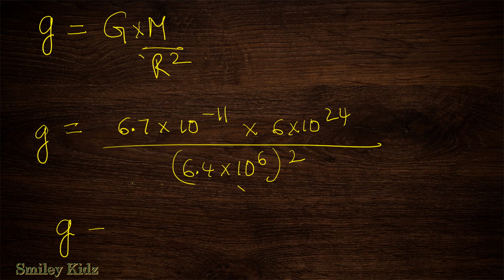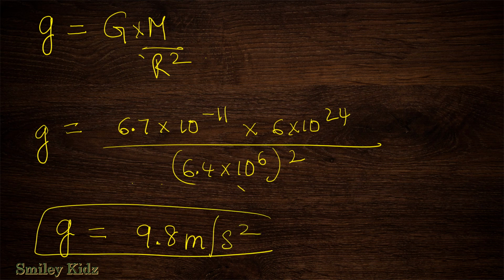Upon calculating this, we get the value of g as 9.8 meter per second square. This is how we have arrived at the value of the acceleration due to gravity as 9.8 meter per second square.